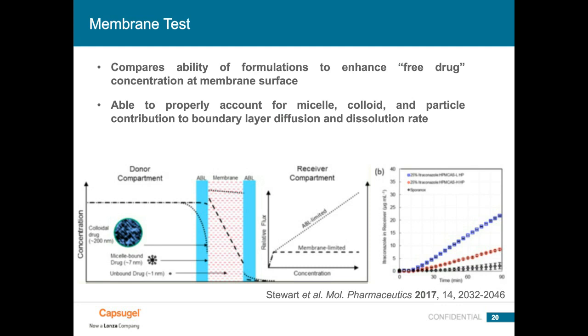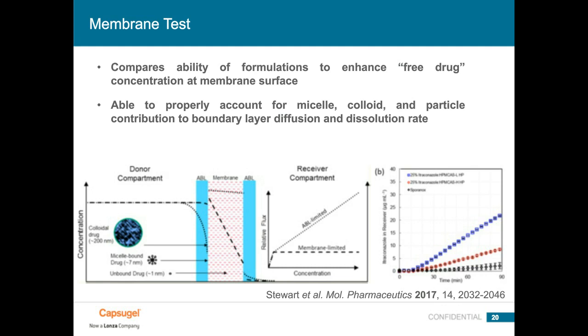And this is particularly useful in cases where it is difficult to determine the true concentration of dissolved drug from a formulation because of scattering or because of a lot of highly dispersed but not dissolved drug.